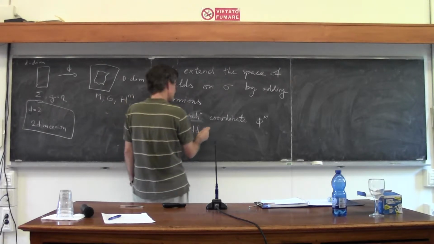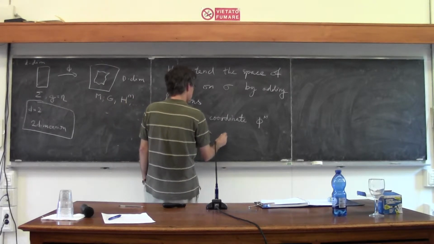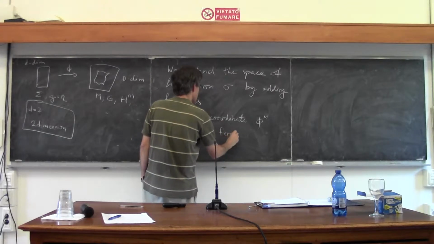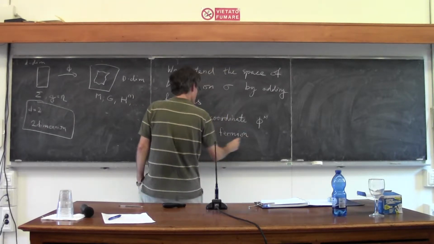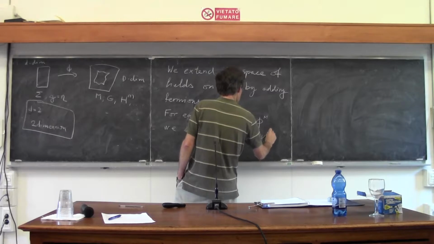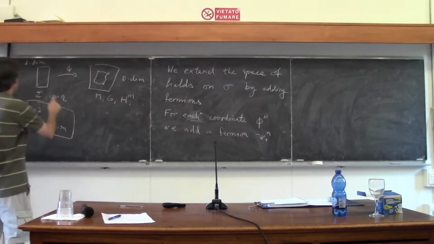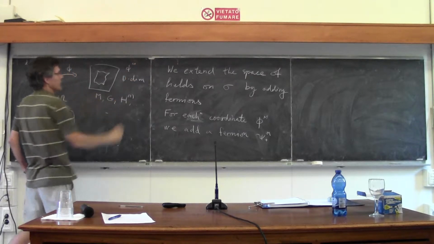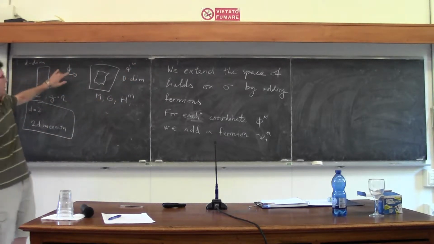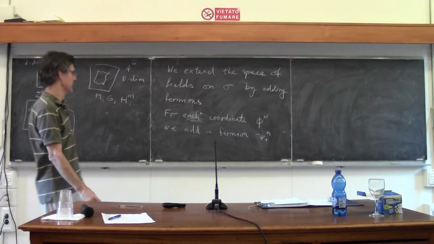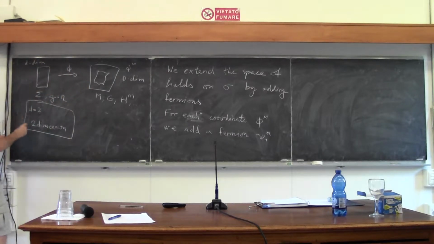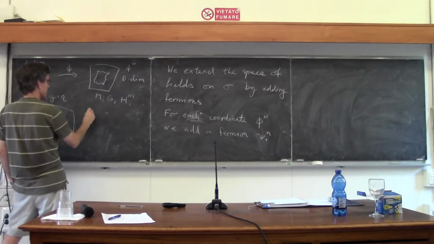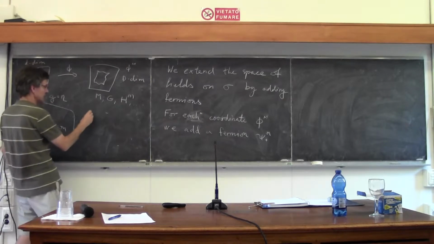There's one more thing I need to tell you. Here, I'm using coordinates which have the same notation as the map, so I call them phi. Here I'll use coordinates psi, but today it's useful to use the light-cone coordinates that I introduced last time.